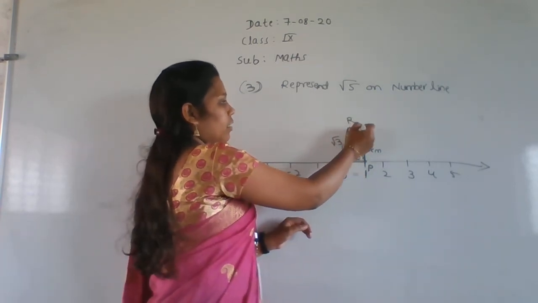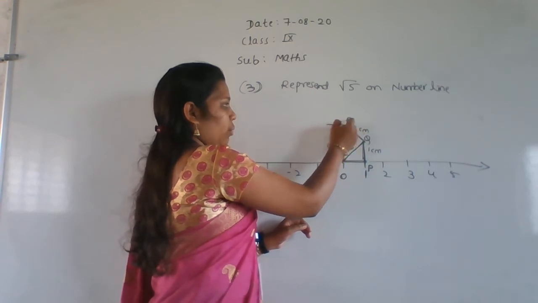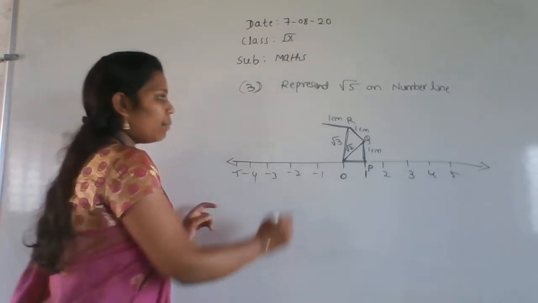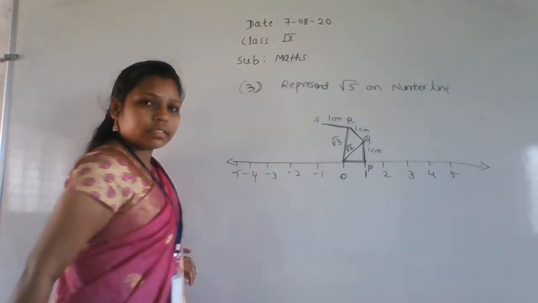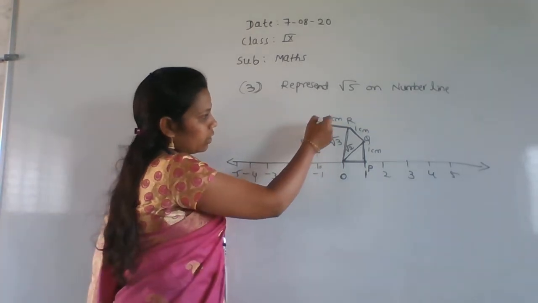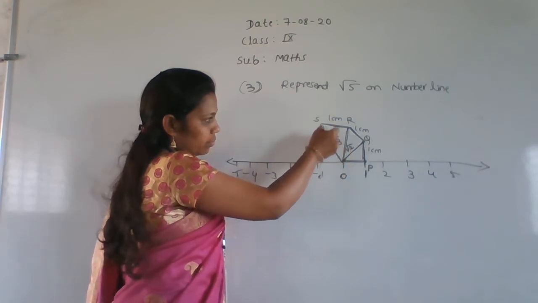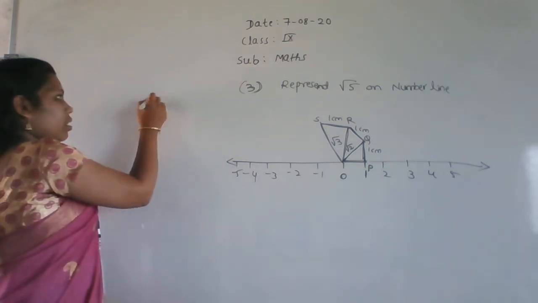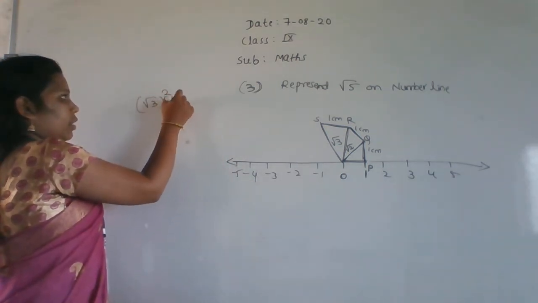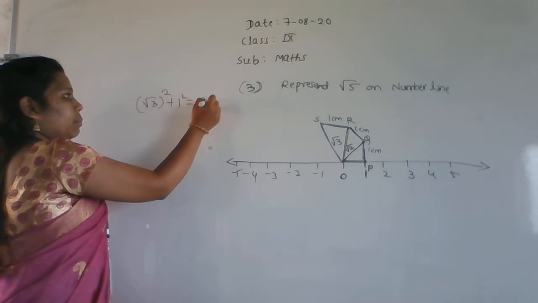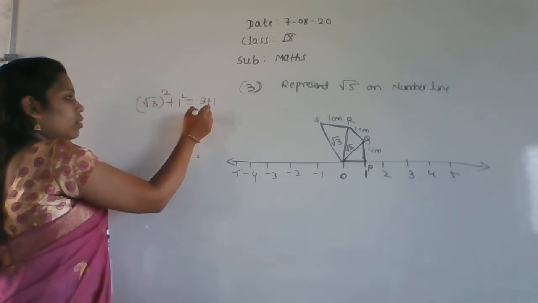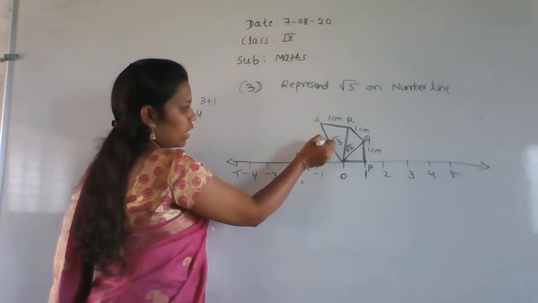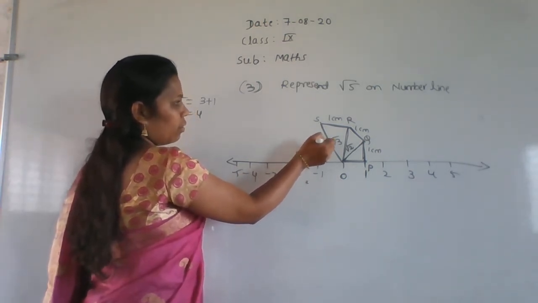So next again here 1 centimeter you have to take. Same, 1 centimeter. For that point I am giving the letter S. Again join this OS. What is the value here? Root 3 square plus 1 square, that is 3 plus 1, 4, means square root of 4. So here this value is root 4. Okay.